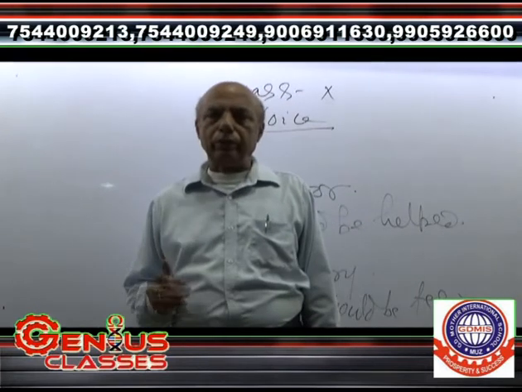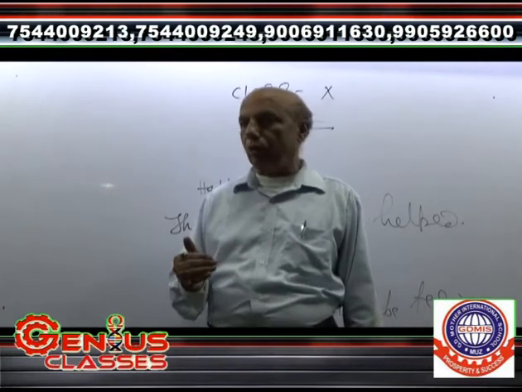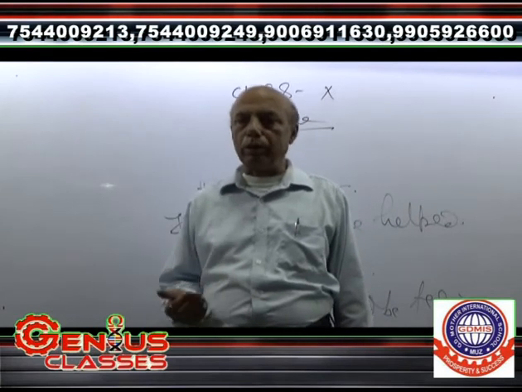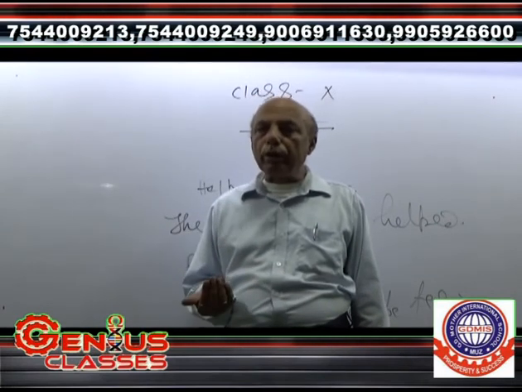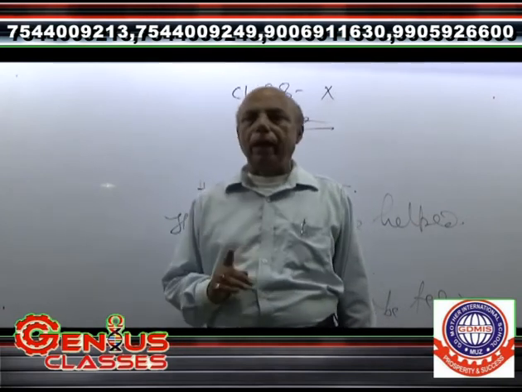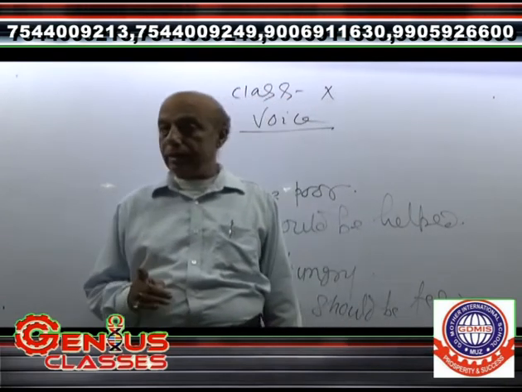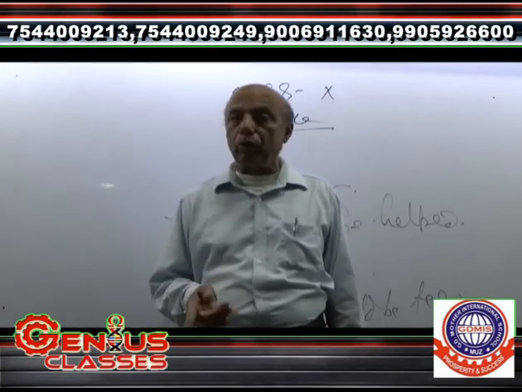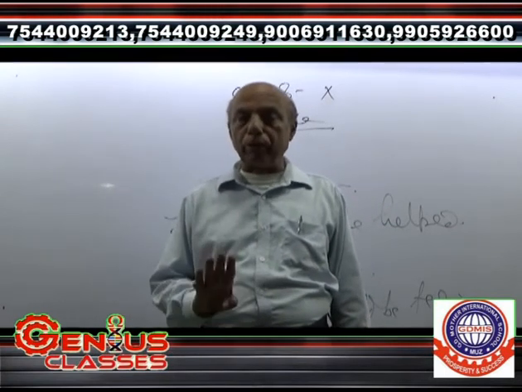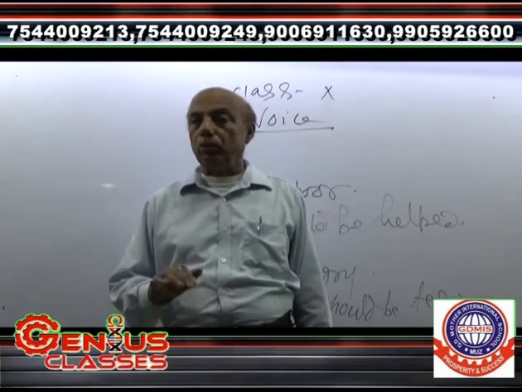So dear students, to come to the conclusion and understand what I have taught today: I have taught how to change interrogative sentences from active into passive, and in the course of that, I have told some of the rules that are necessary for us to learn.